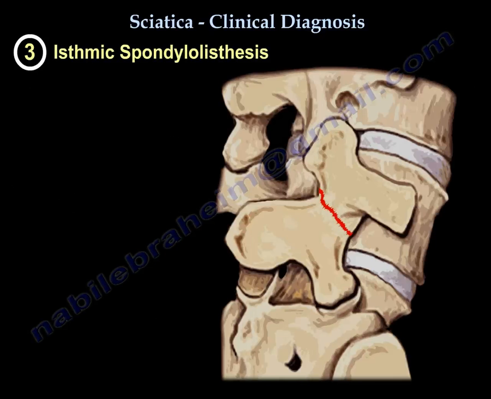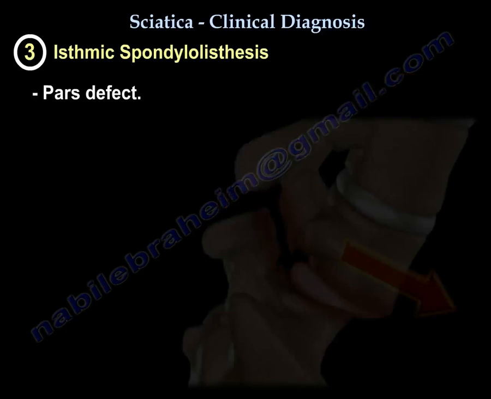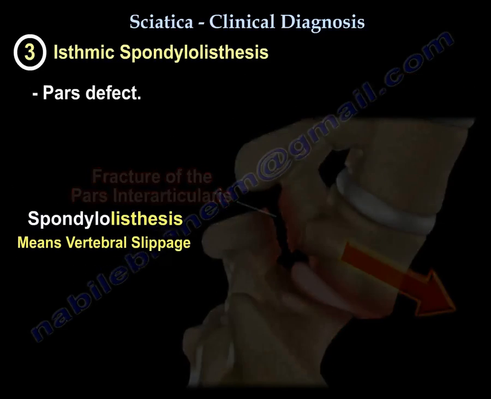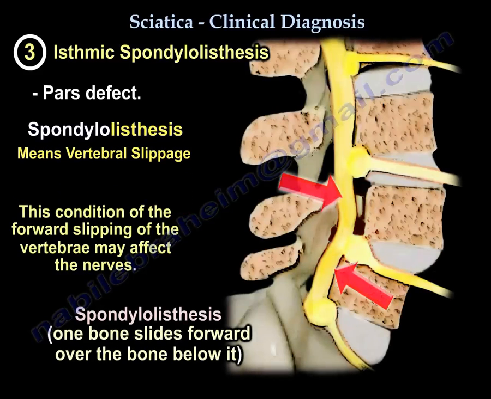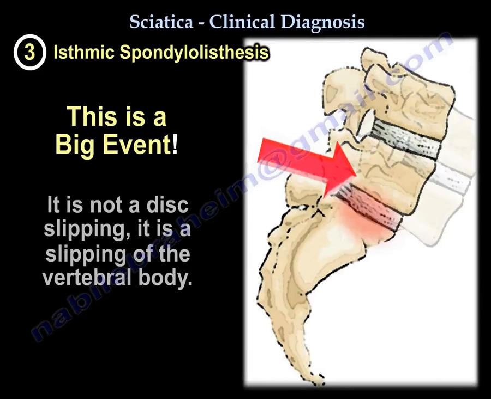Number 3, isthmic spondylolisthesis. There is a pars defect, and we know the word listhesis means a slip. So the pars defect allows one vertebral body to slip forward on the other. A slip is a big deal.